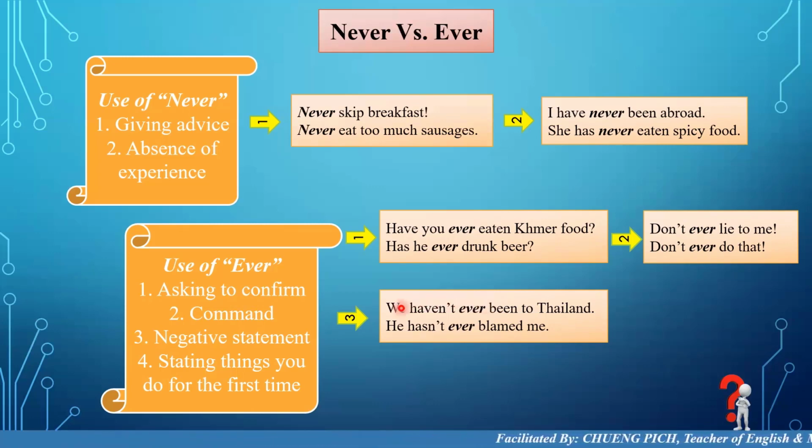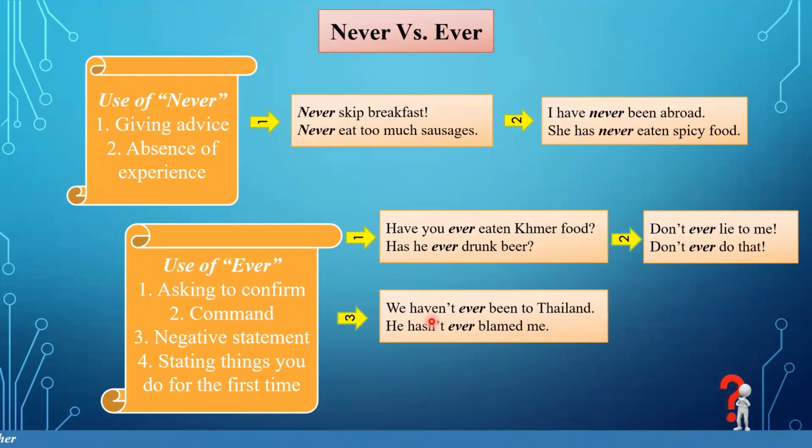So we can say we haven't ever been to Thailand. And if you want to use never, you have to get rid of not and ever. So you can say we have never been to Thailand.